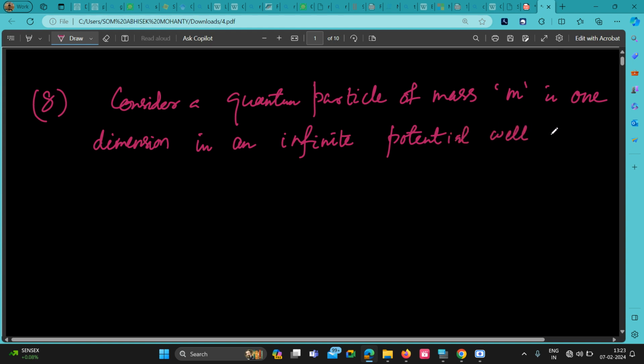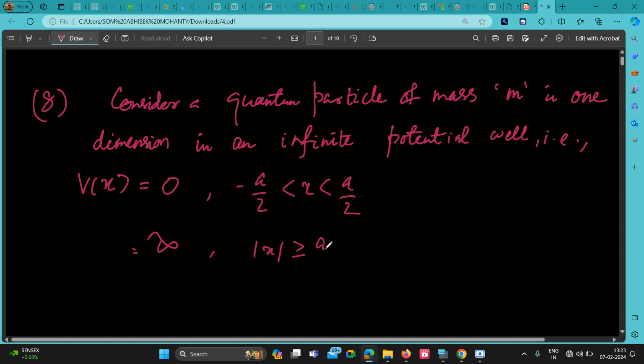V(x) is equal to 0 for minus a by 2 less than x less than a by 2, infinite for x greater than or equal to a by 2, like infinite otherwise, right?